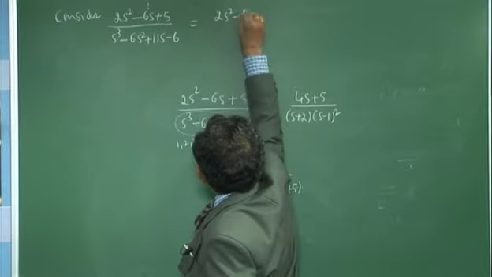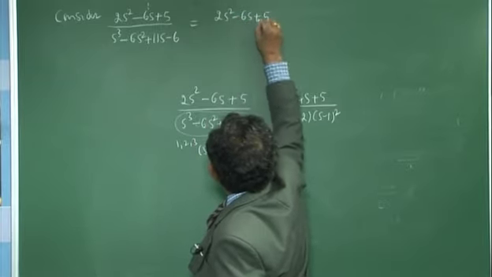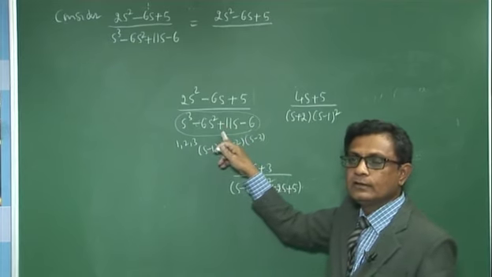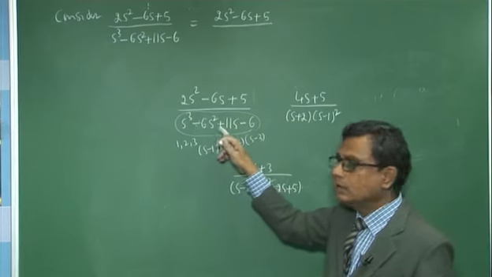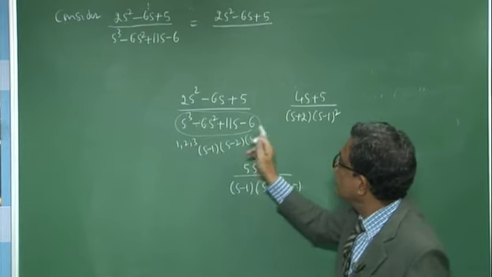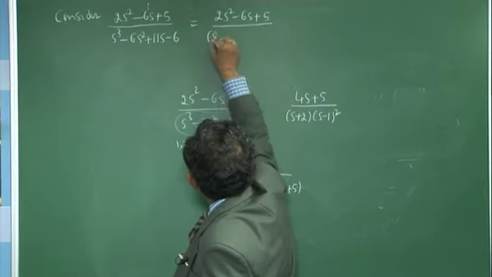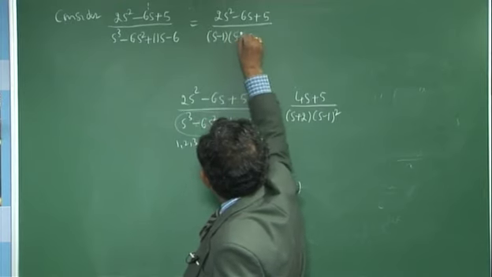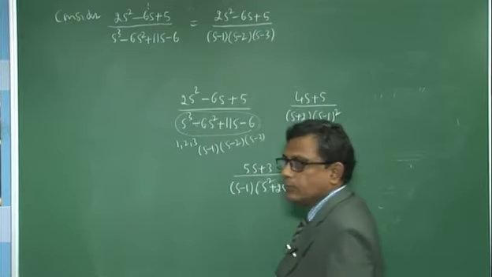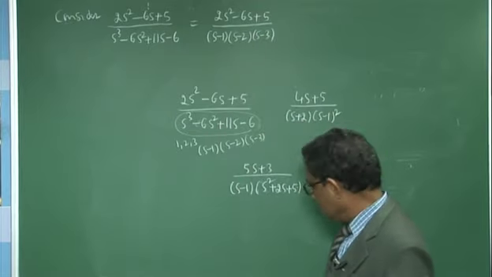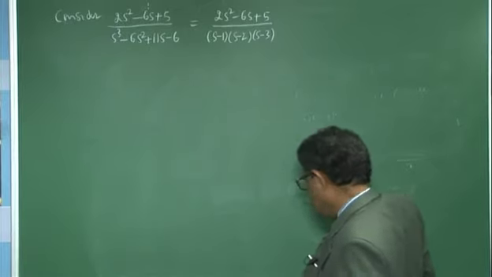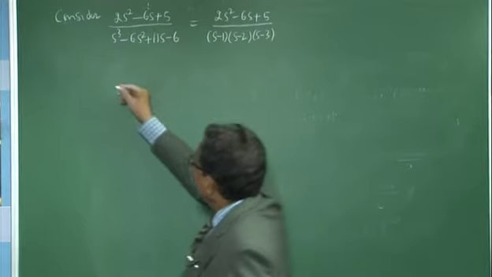As I told, it is a cubic equation. Directly use the calculator, you will get the 3 roots 1, 2, 3. So we can write the denominator as a product of linear factors (s minus 1)(s minus 2)(s minus 3). Now you can use the partial fractions method.